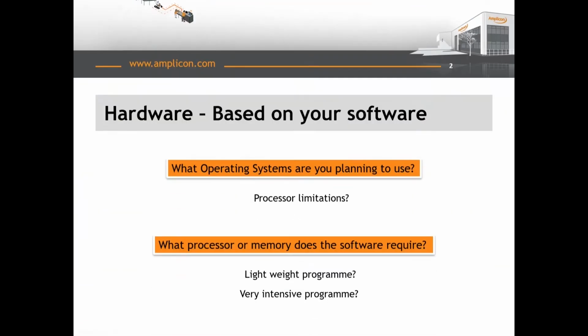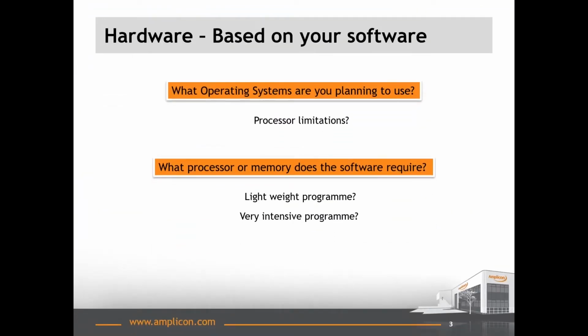I will start by explaining all the considerations you need to make based on your software, but always keeping in mind that all decisions along this route will need to match the physical location conditions. Depending on the operating system you have chosen for your application, you may be limited to specific components such as the processor. For example, Windows 7 only operates on a 6th generation Skylake-based system or earlier.